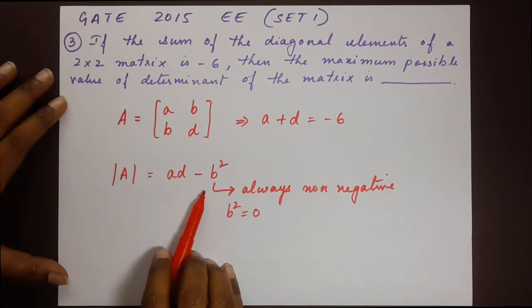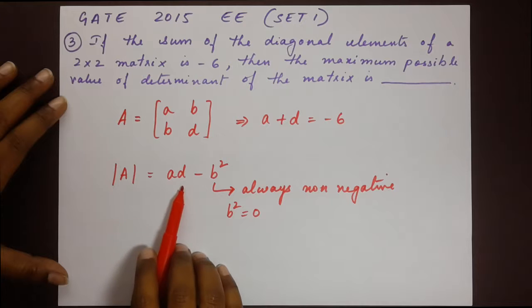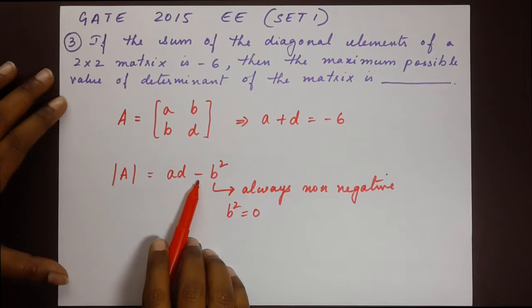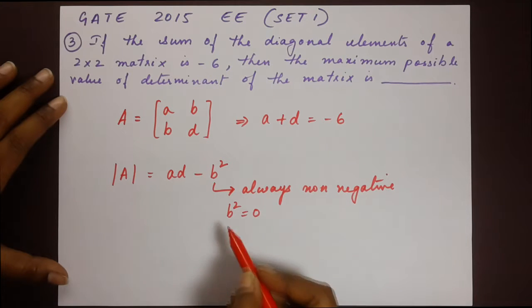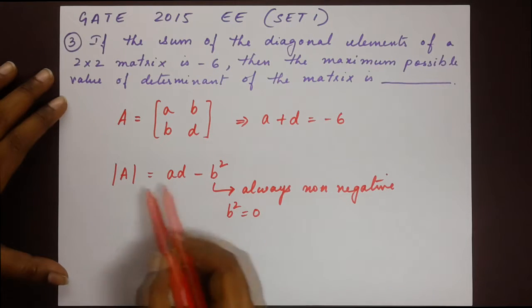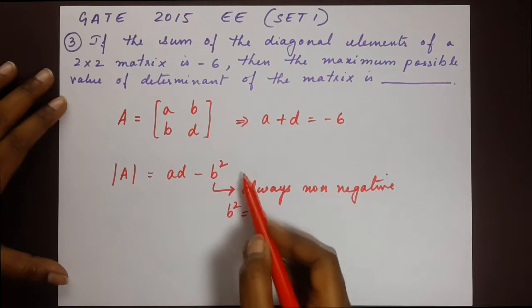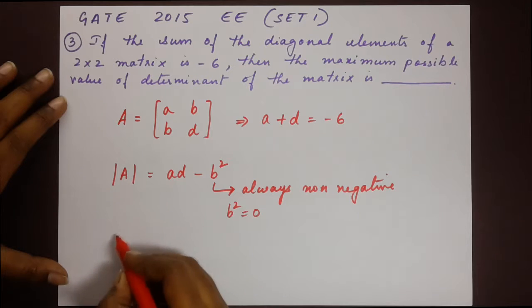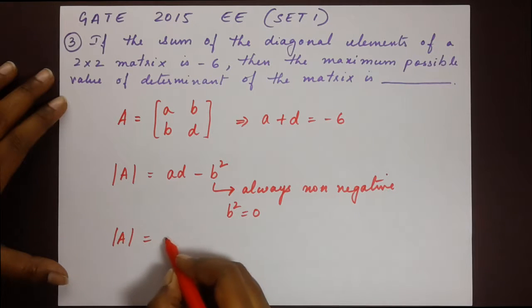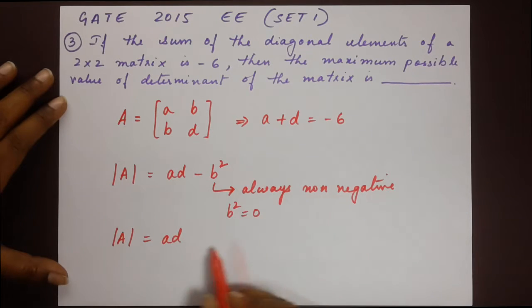Because if b² was some number, the determinant would become less by a certain unit, which is b². So in order for this to be maximum, b² shouldn't be there at all. So that has to be 0. Now we have that det A is equal to ad, since ad - 0 is just ad.